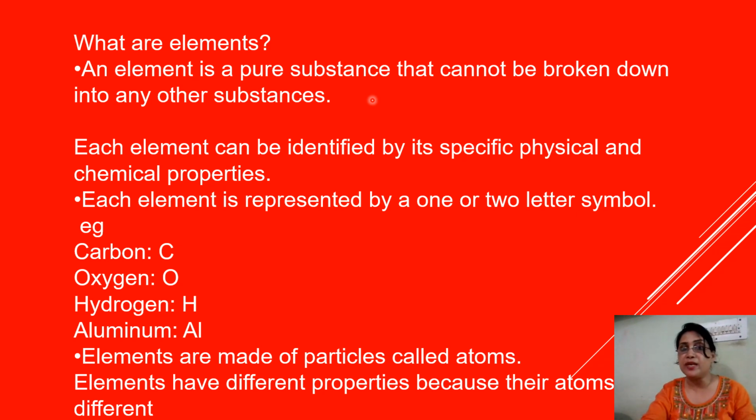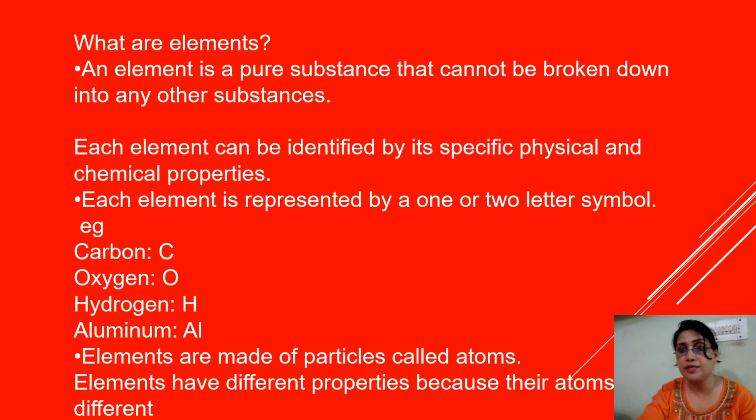Each element is represented by a one or two letter symbol. We will get to know more about the symbols. Carbon is indicated by C, oxygen O, hydrogen H, aluminum Al, and elements are made up of particles called atoms. So elements have different properties because their atoms are different.